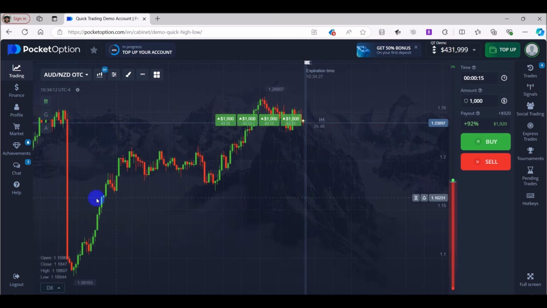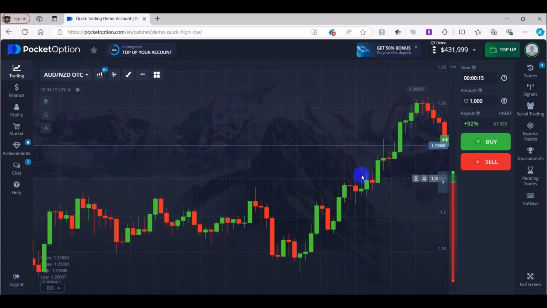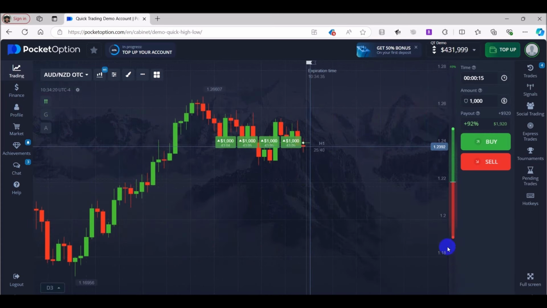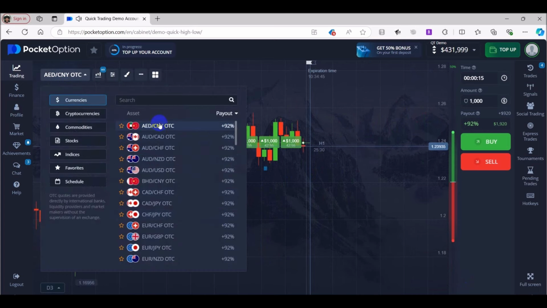Because remember, this is all about wicks and using the wicks to take your trades. And you can choose any chart.